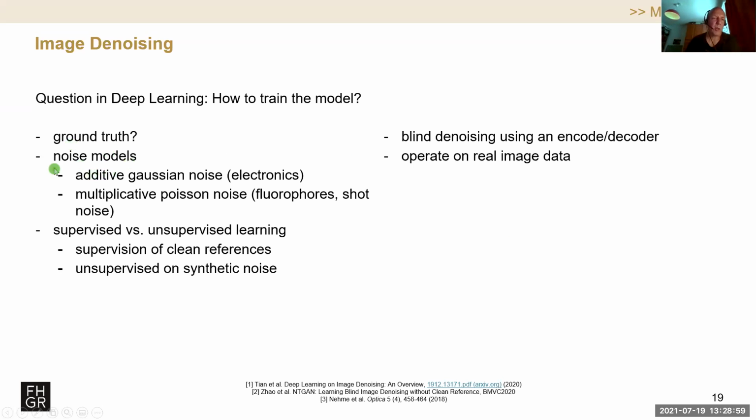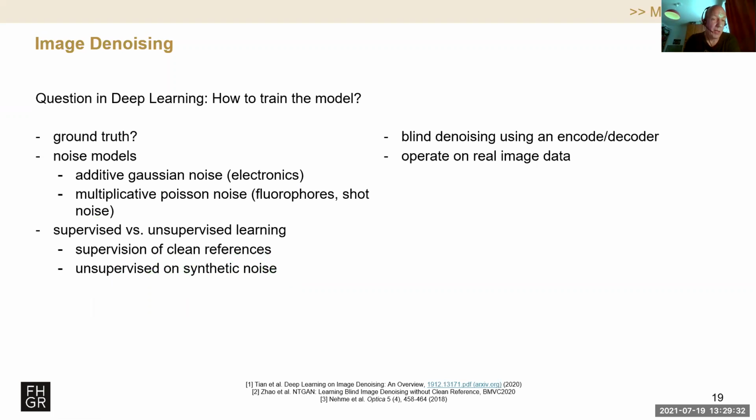We can, of course, model this noise: additive Gaussian noise, which mostly stems from the electronics, and multiplicative Poisson noise, that is photon shot noise. And then these models we can use on synthetic data, using clean data, adding synthetic noise, and trying to feed that into our deep learning network to learn it.